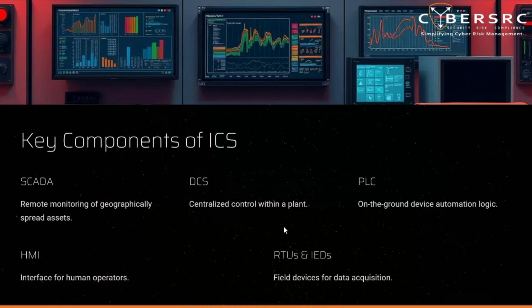Then we can move on to the controllers: programmable logic controllers and distributed control systems. Programmable logic controllers are designed for real-time deterministic control. They gather data from sensors, process logic, and output signals to actuators. PLCs, as we can also refer to them, are scalable, highly reliable, and used for machine-level tasks up to entire plants.